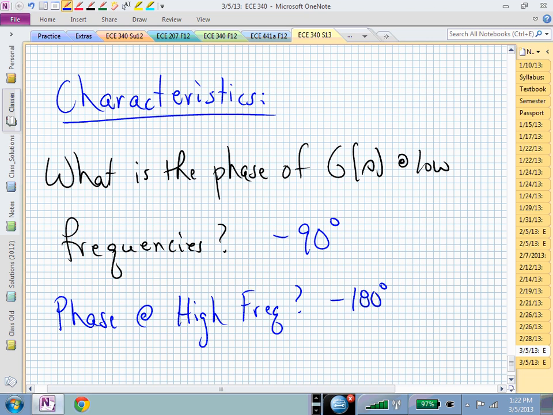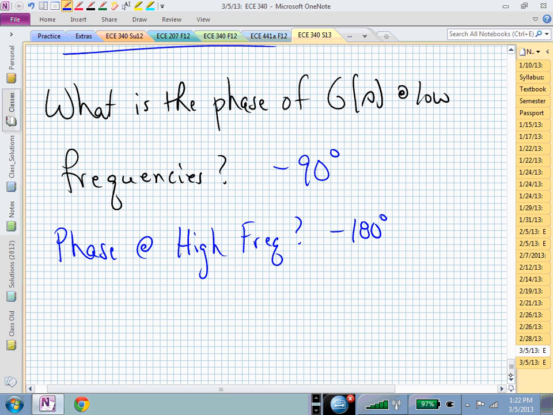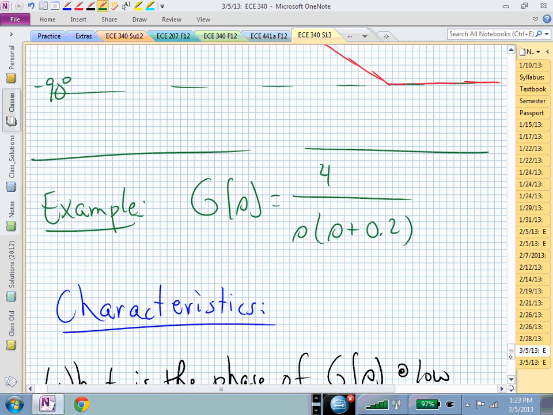What are some other questions that I might ask you? I might say, and these are quick answer, what's the gain at DC? What's the DC gain of this system? And these are quick answers on the exam.